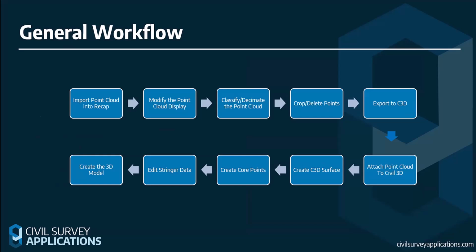So then you move into the Civil 3D side of things where you're going to attach a point cloud to the Civil 3D drawing, create a Civil 3D surface, create the core points along the point cloud as needed. Then you can create your stringer data, which will include your line work and all that. And then you can create a 3D model from there as needed.